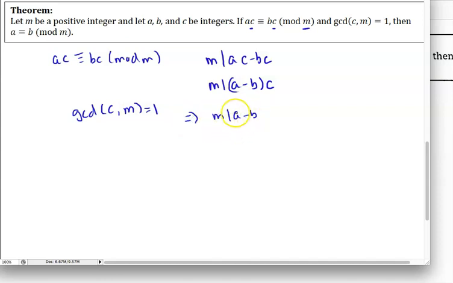Because m divides a minus b, that means a is congruent to b mod m. So this proves this theorem.